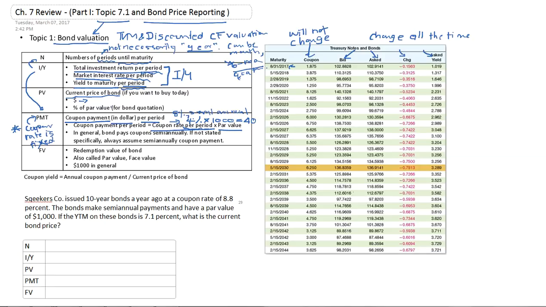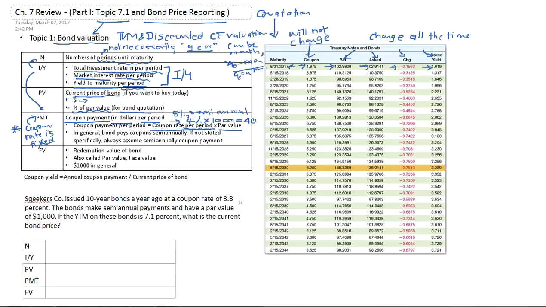But sometimes when you're looking at the bond quotation, which is shown in this table, everything presented here is a percentage of par.